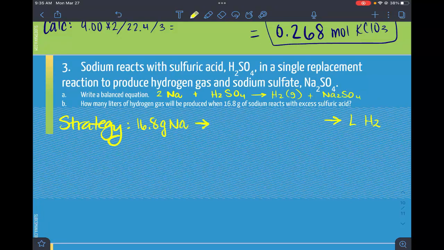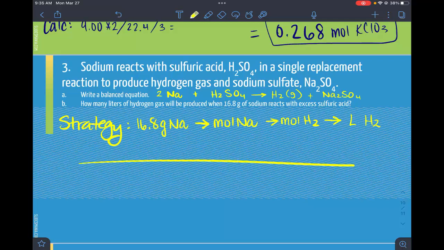Okay, so I'm starting all the way over on the left-hand side of the molar roadmap with grams, and I'm ending on the upper right with liters. So in the middle, I know I need to go through moles. So that's going to be moles of Na, and then I'll convert it to moles of my unknown, which is moles of hydrogen. All right, let's set up our dimensional analysis.